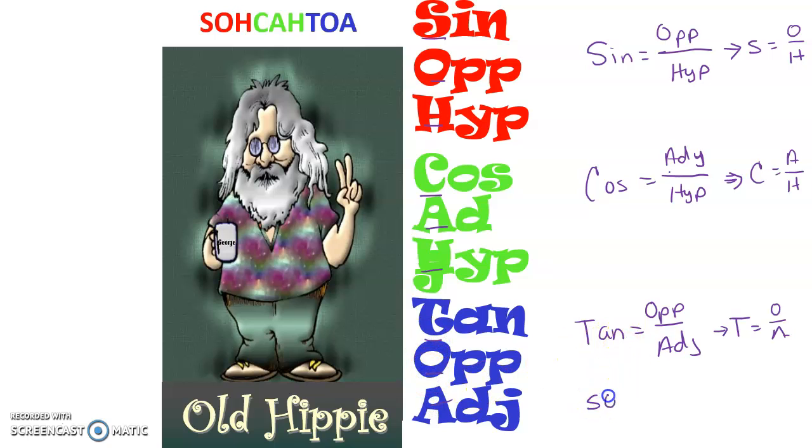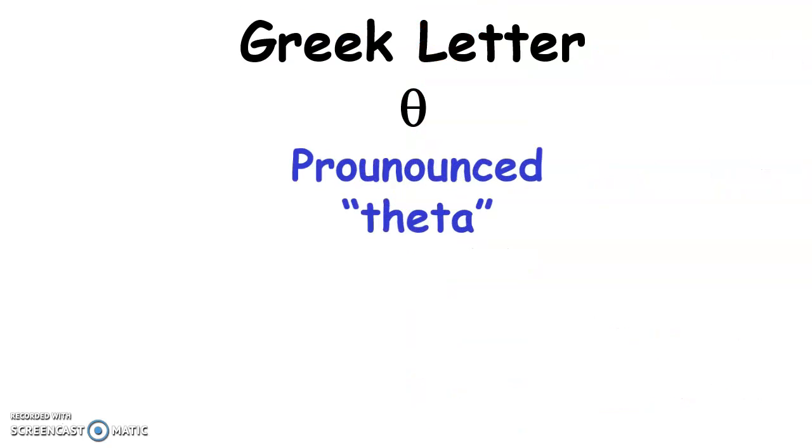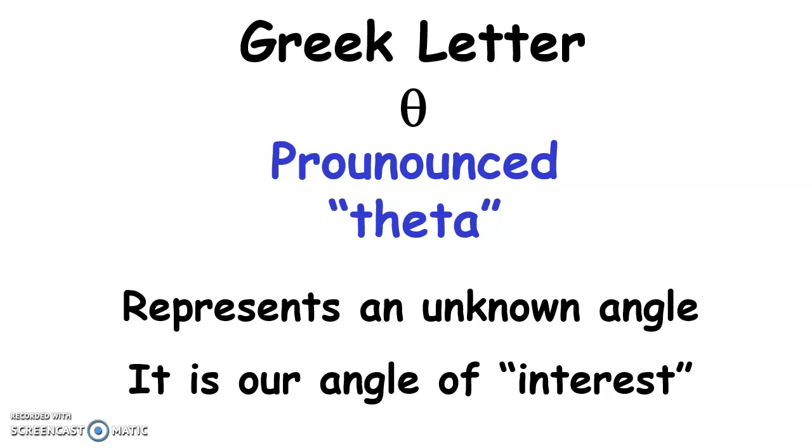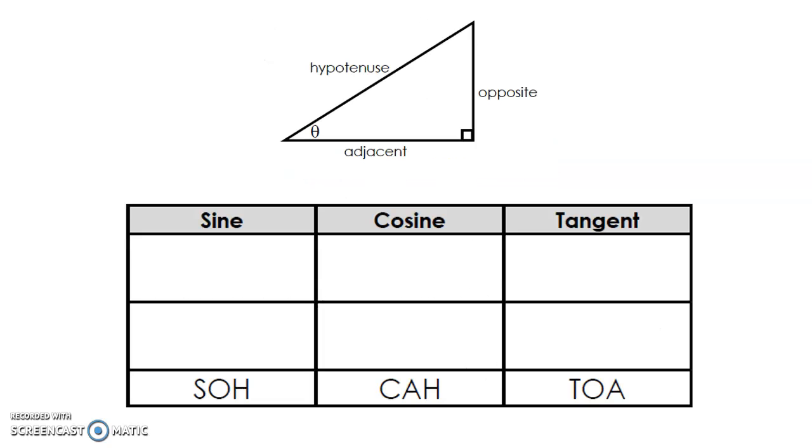We also see this as SOHCAHTOA. It's another way to remember it. This is our Greek letter theta, and it represents our unknown angle or our angle of interest.